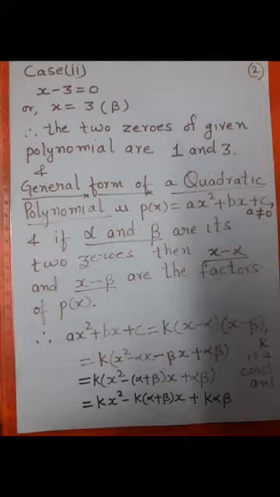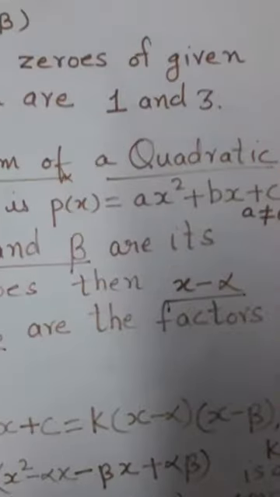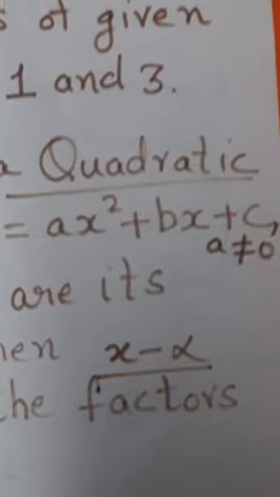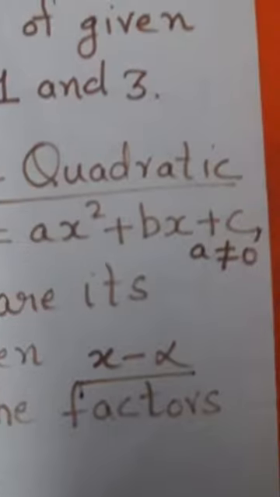Now after this we come to finding the relationship between the zeros and the coefficients of the equation. The general form of a quadratic polynomial p(x) is given by ax² + bx + c. But always remember that a should never be equal to 0. Why should a not be equal to 0?